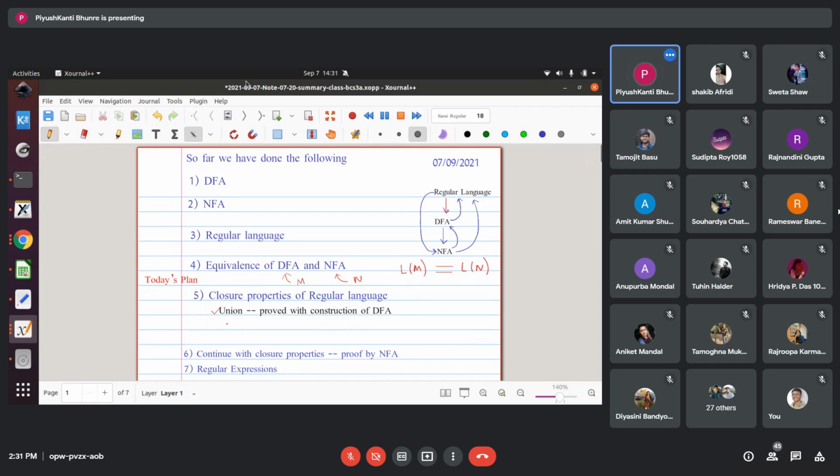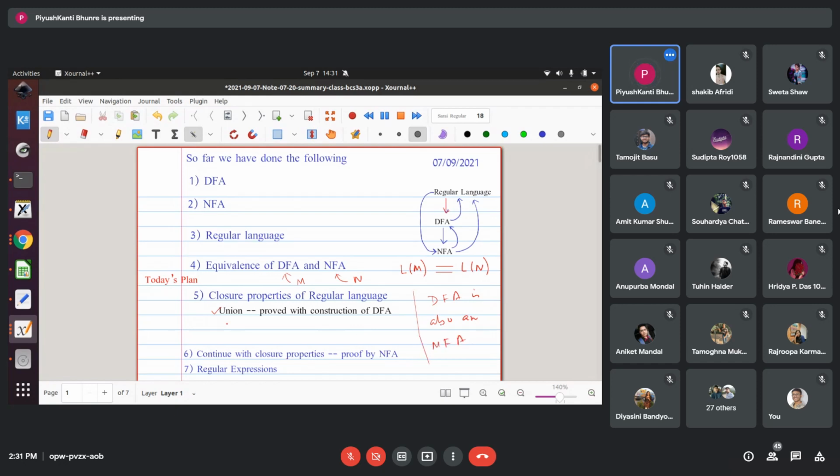Note that an NFA has non-deterministic moves, right? It need not always have non-deterministic moves or epsilon moves; those moves may not exist in a finite automata. So a DFA can be thought of as a particular type of NFA. So a DFA is also an NFA, right?